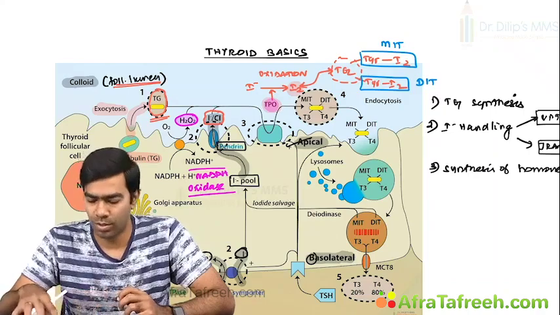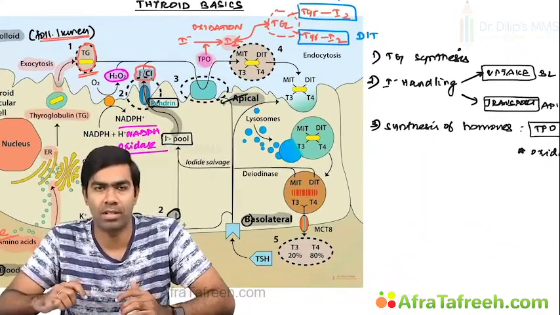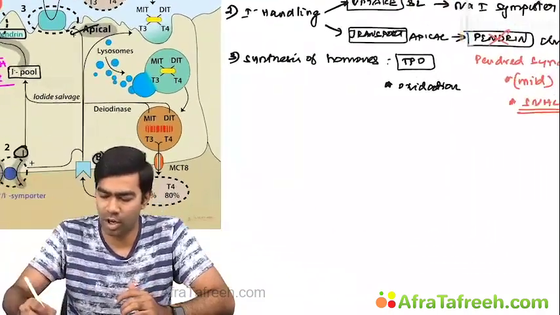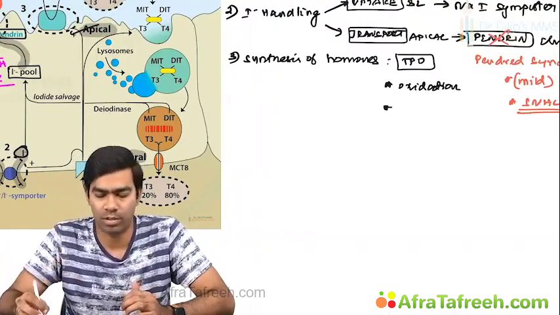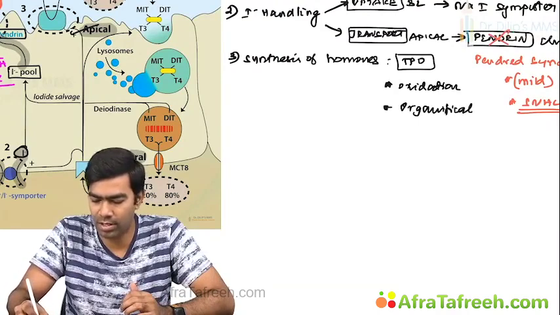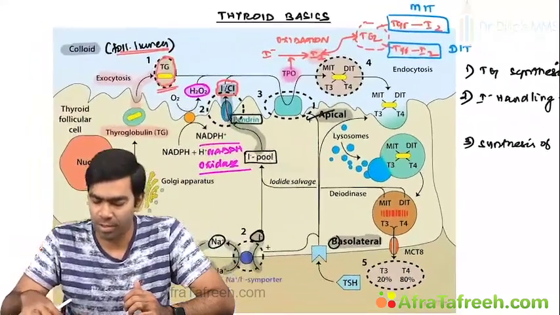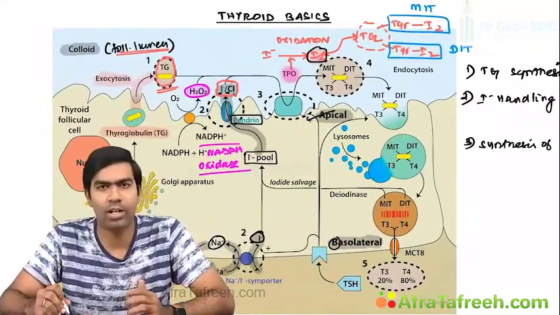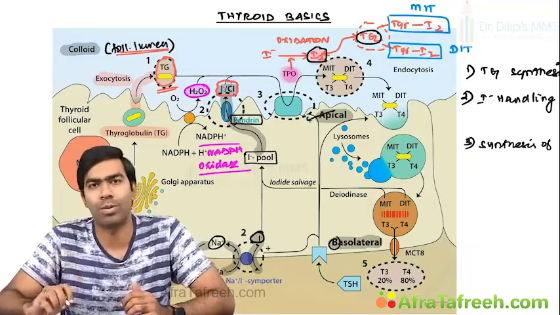Clear? So there is one more step happening in the thyroid gland after this oxidation process, and that is also mediated by the thyroid peroxidase enzyme. It is called the organification process, organification of iodine. What do you mean by organification of iodine? Remember, iodine is an inorganic compound, but thyroglobulin is an organic protein compound.